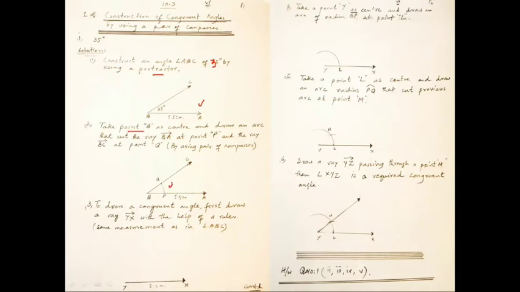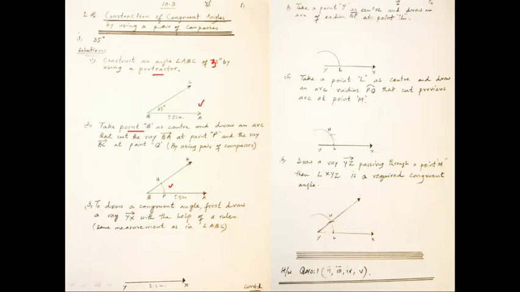This arc PQ, where point P cuts the ray BA, and point Q cuts the ray BC.